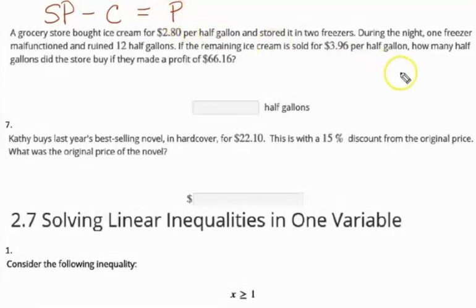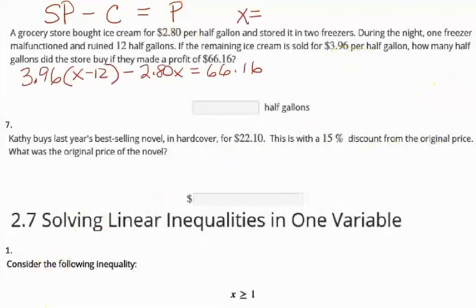So let's see what you get, and I will set it up as well. Now, I spent time on this too when I looked at this. It seemed a little bit of a challenge. But what do you think X equals here? X equals the original amount of ice cream that he bought.